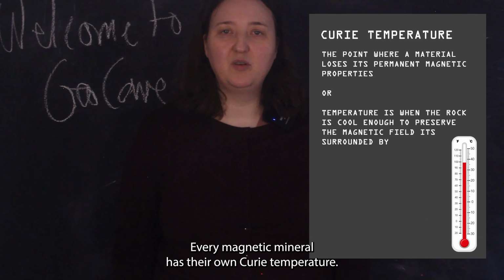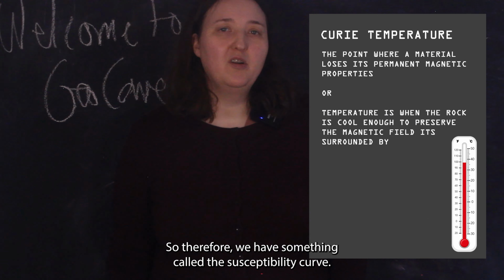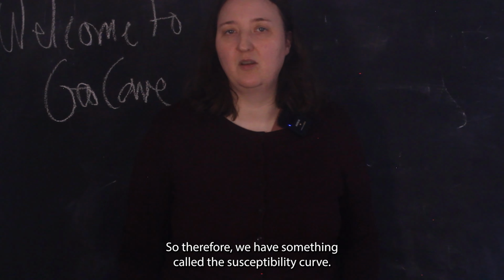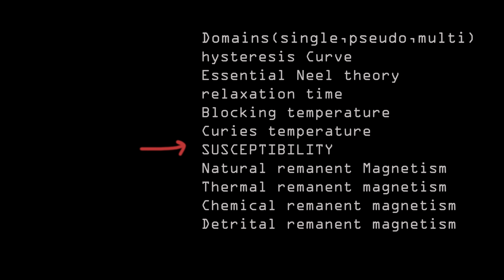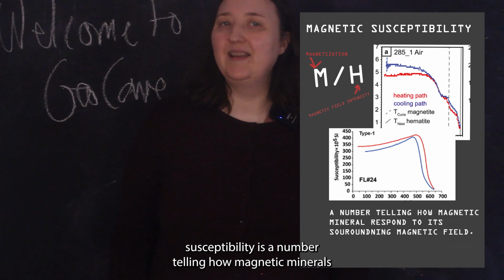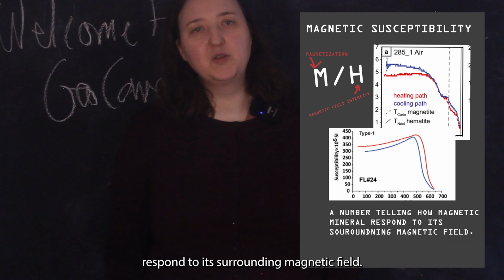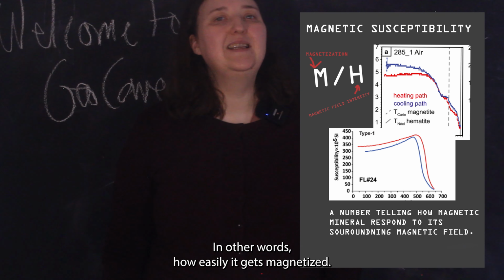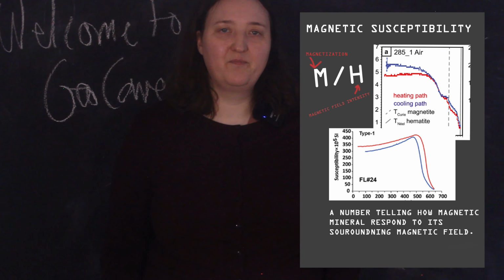Every magnetic mineral has its own Curie temperature, so therefore we have something called the susceptibility curve. Magnetic susceptibility is a number telling how a magnetic mineral responds to its surrounding magnetic field. In other words, how easily it gets magnetized.